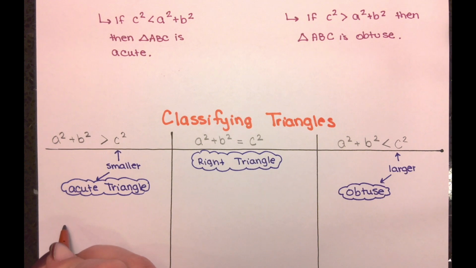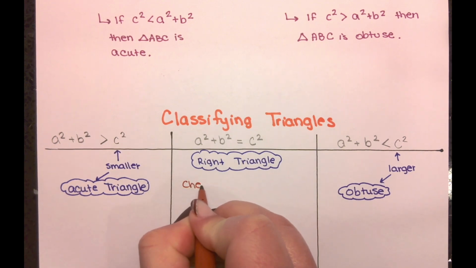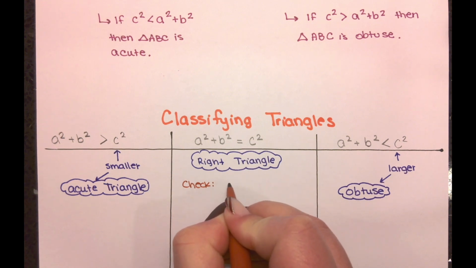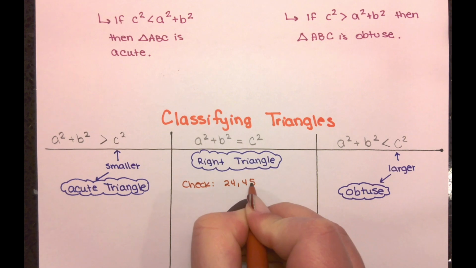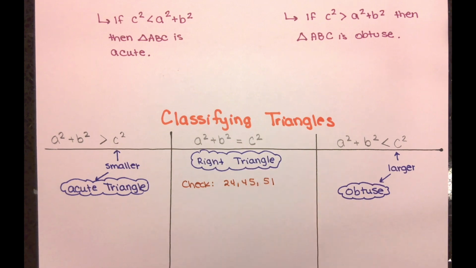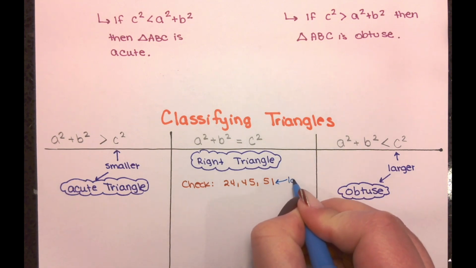All right, for an acute triangle, let's actually start with the right triangle since we already did it. So we're going to check which type of triangle it is. Let's do, I don't know, 24, 45, and 51. Which one's the largest side? Largest side is 51.